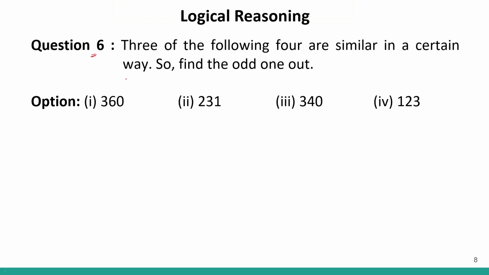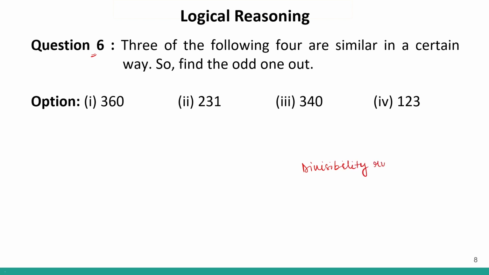So question number 6, again 4 options are given to us and we have to identify which of them will be the odd one out. So in these 4 options, the first thing that I can see is that all these options are divisible by 3 except 1. So what is the divisibility rule of 3? This you should know.